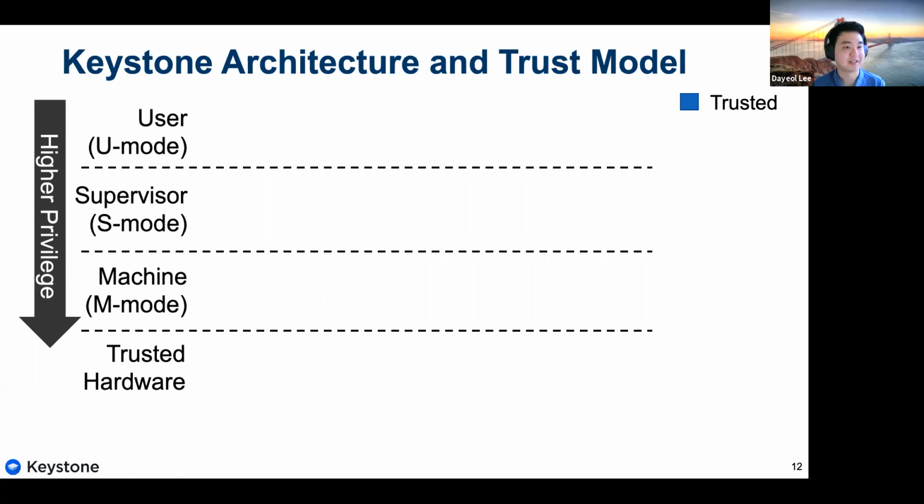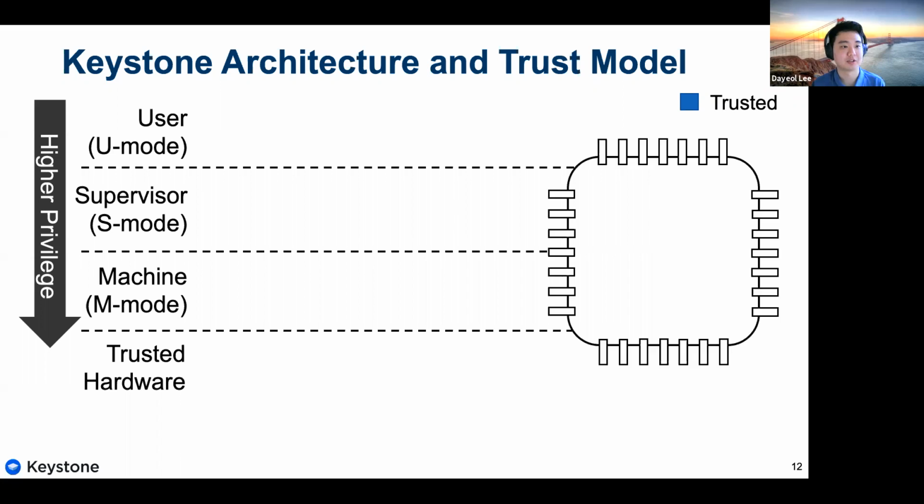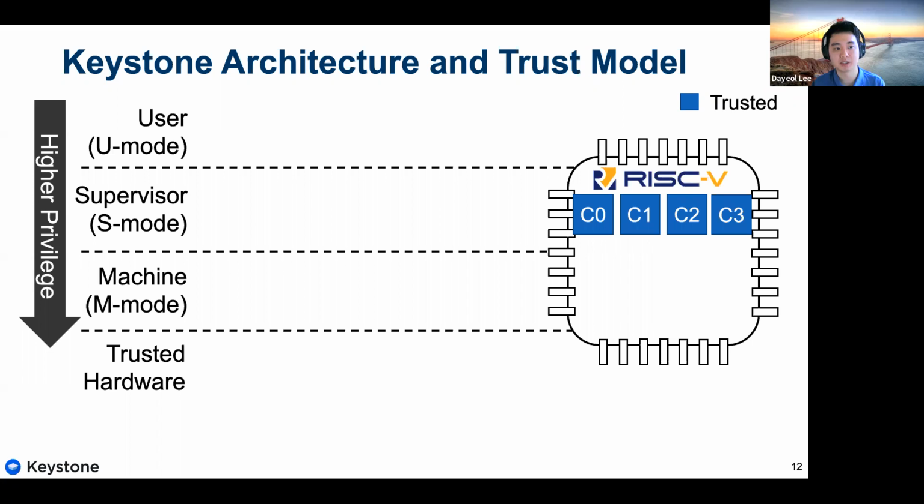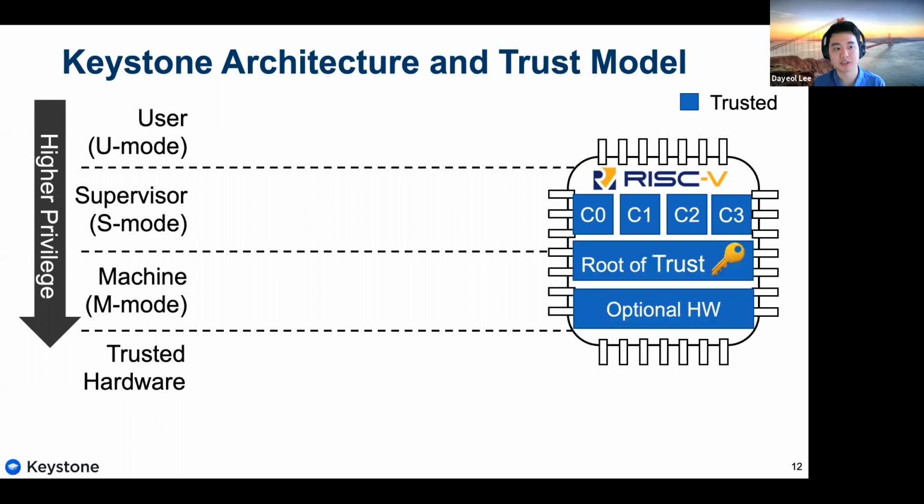This is the overall architecture and trust model of Keystone. Keystone requires trusted hardware with unmodified RISC-V cores. It must be a standard RISC-V core, and then the root of trust, and also some optional hardware such as an advanced cache controller, or a cryptographic accelerator like the AES accelerator or HMAC accelerator, and so on.